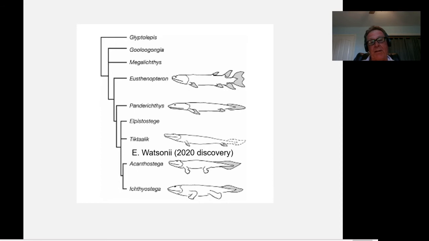These are our evolutionary ancestors, and this transition from marine to terrestrial is a big leap forward. And then after Tiktaalik and E. watsoni, we begin to see the first really tetrapod, which is Acanthostega, and then Ichthyostega. So this is the transition from these lobe-fin fish to terrestrial organisms.